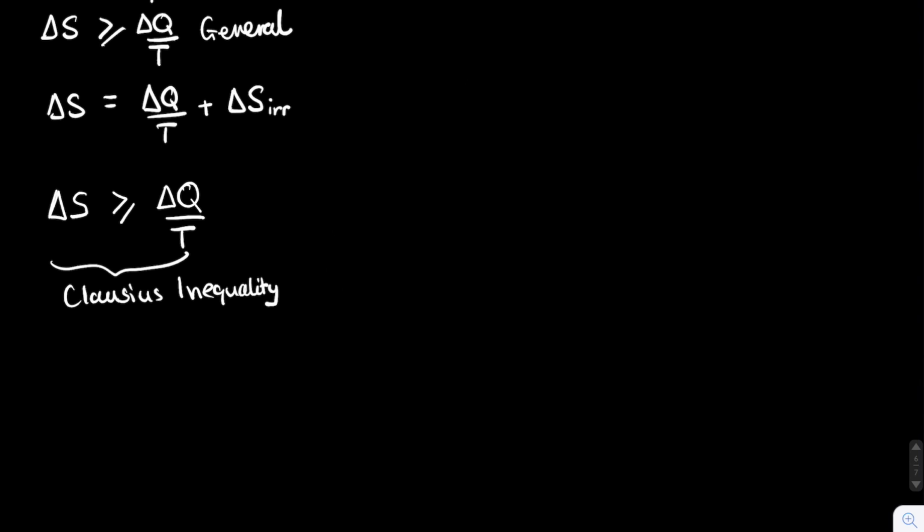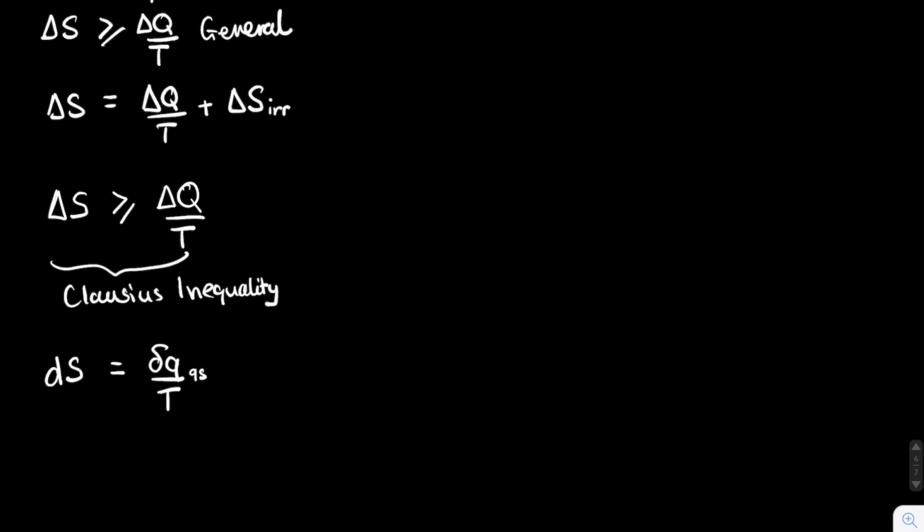Now, you can actually take the differential of this second law of thermodynamics and say that dS, which is an infinitesimal entropy change, is equal to dQ divided by T. And for the moment, we're going to focus on the quasi-static case.